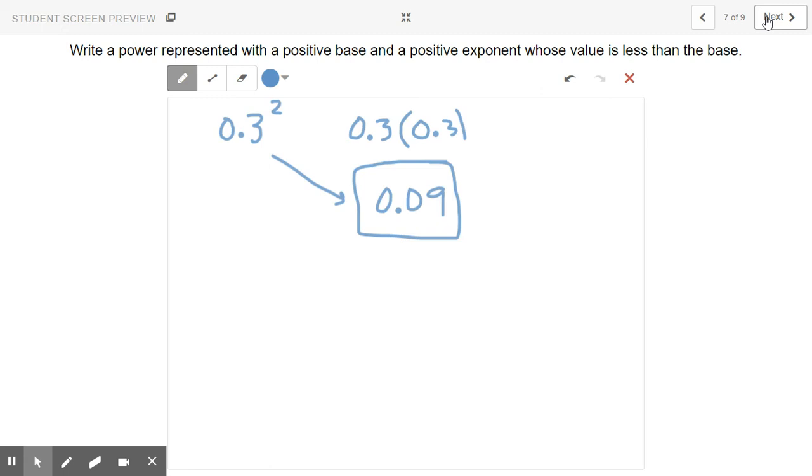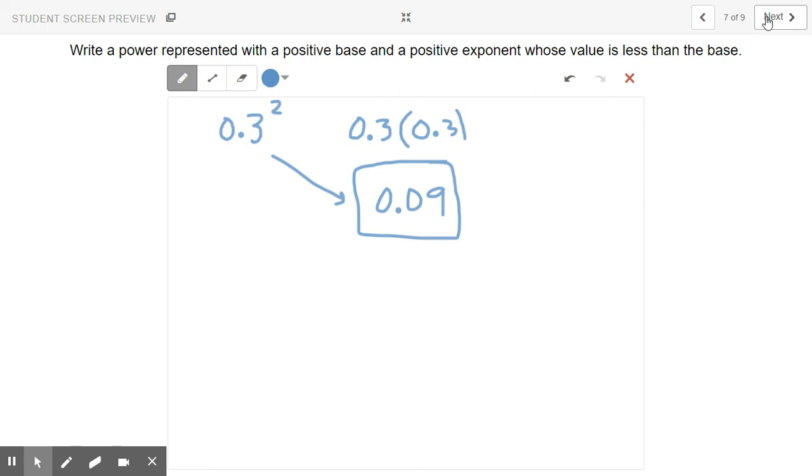If you have one that's more than 1, it will be greater than the base. So let's say like when I had 0.3 squared, because remember, fraction means you're taking part of the amount. So when I'm taking part of an amount, if the number is more than 1, then you're creating more of that, greater than that number. When it's a partial of the amount, that's why it'll be less than the base.